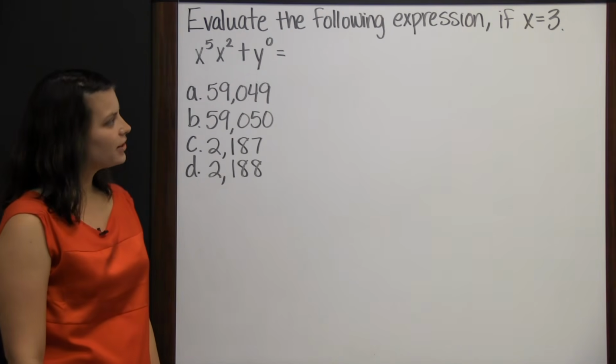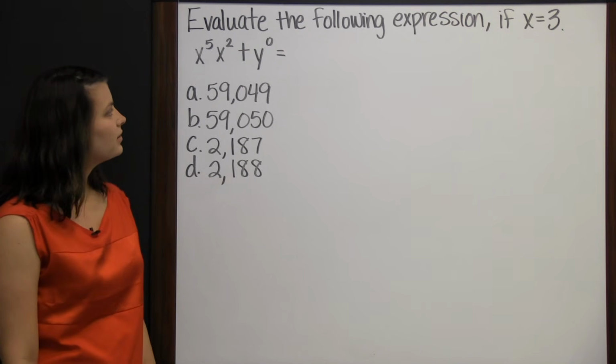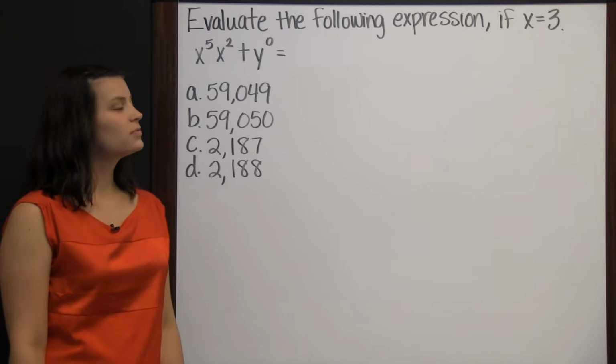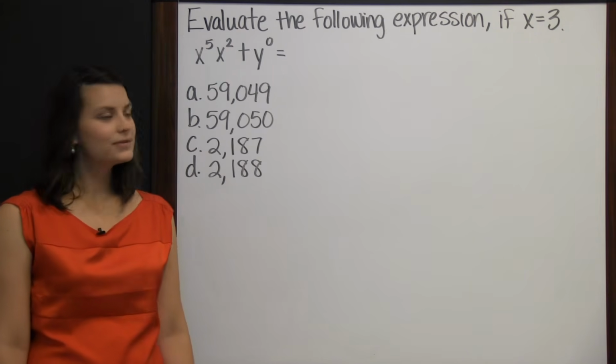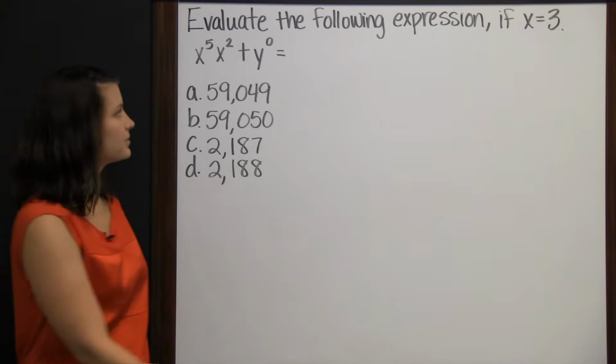Evaluate the following expression if x equals 3. X to the 5th times x squared plus y to the 0 power equals. So first we need to substitute 3 for x.